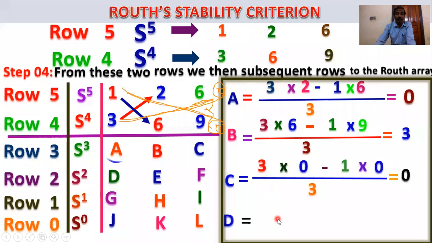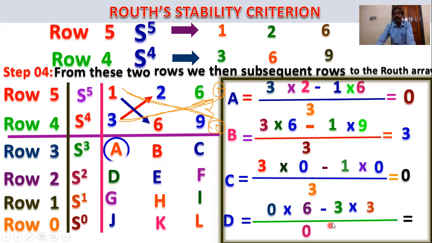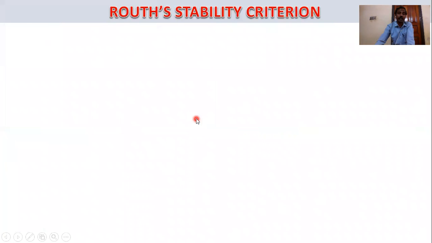Suppose D equals A into 6 minus 3 into B, divided by A. With A equal to 0, we get 3 divided by 0, and something divided by 0 is undefined. So in this case, the Routh criterion fails. This is the special case, and we solve it using Routh-Hurwitz stability analysis.